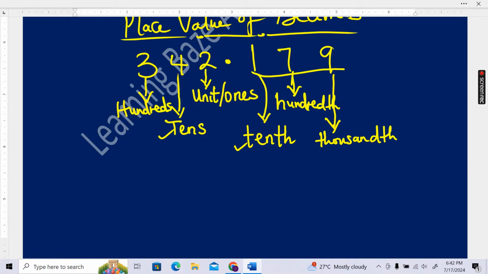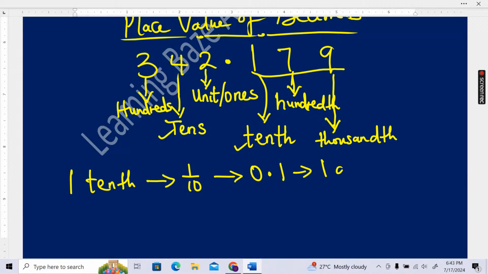In which other way can we write 1/10? 1/10 can be written as 0.1, and we can also say that digit 1 is in one decimal place.